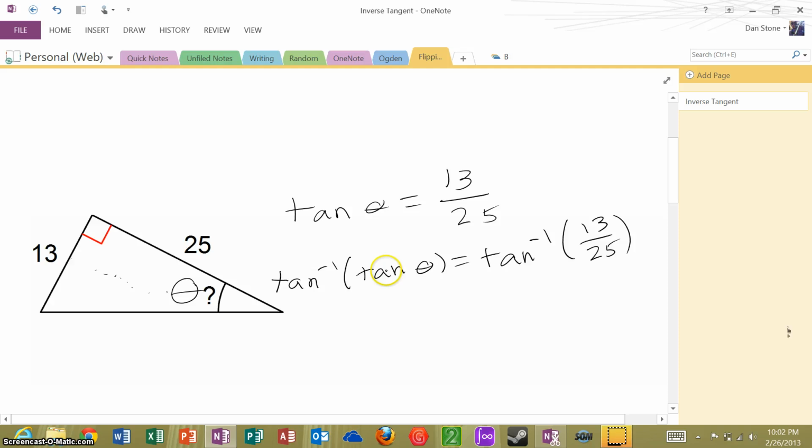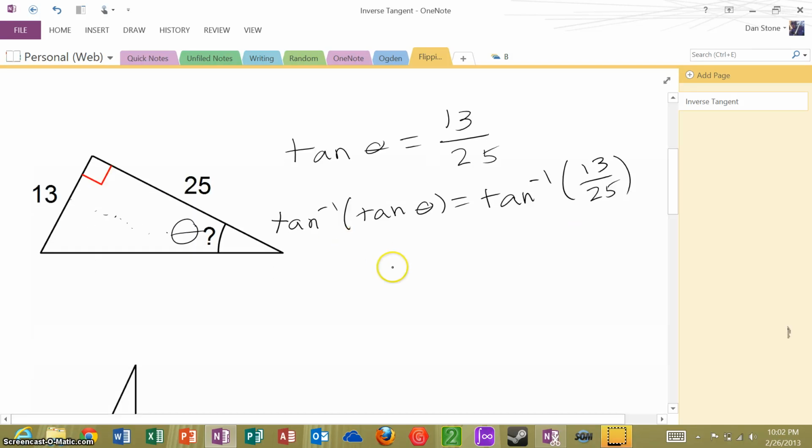Again, we're just undoing this tangent. What this is going to leave us with is theta, because basically these guys are just going to cancel each other out. And then still on the right, this is going to be here. We're not going to get rid of this part.